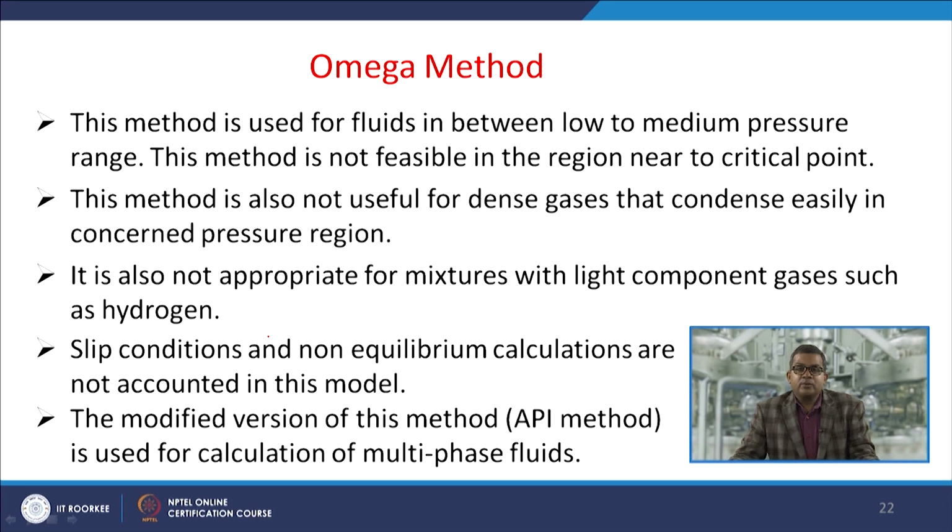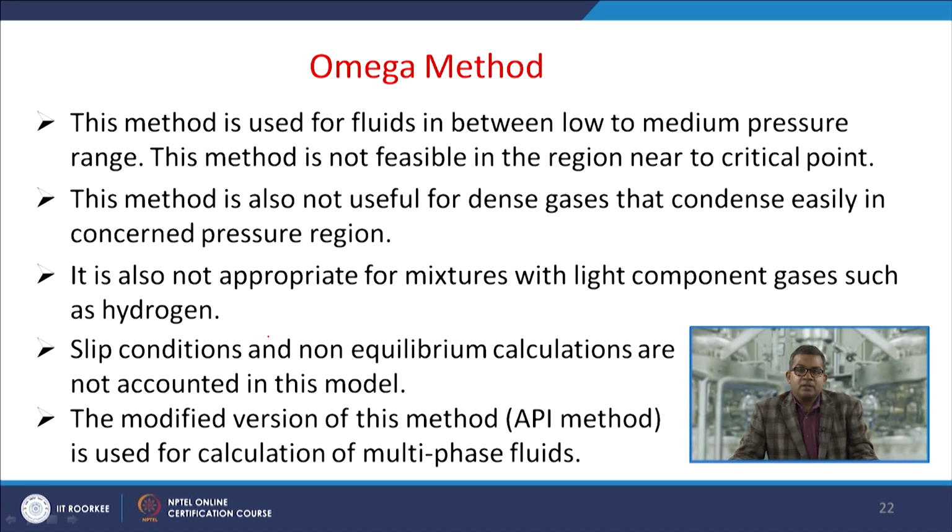Now, it is also not appropriate for mixtures with light component gases such as hydrogen, etc. Slip conditions and non-equilibrium calculations are not accounted for in that particular model. So, appropriate corrections need to be incorporated while we go for higher calculation.